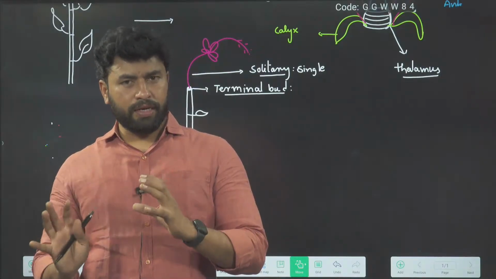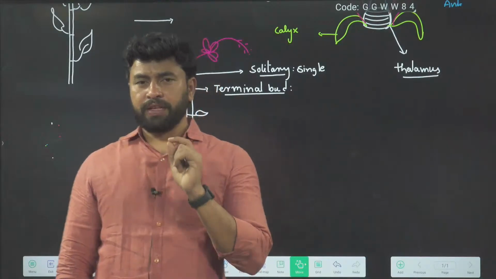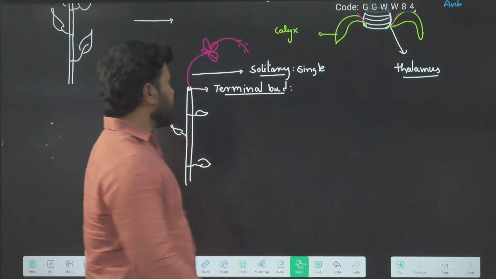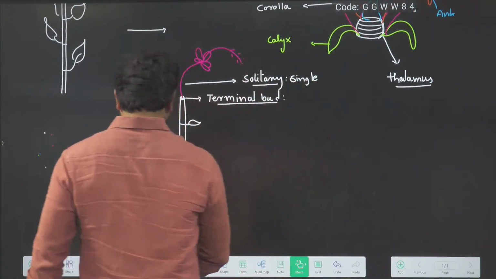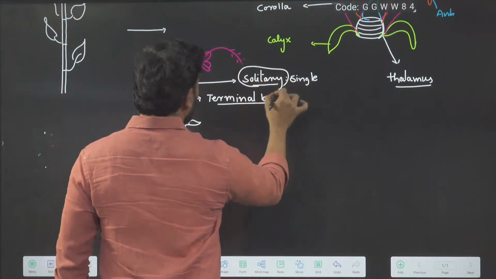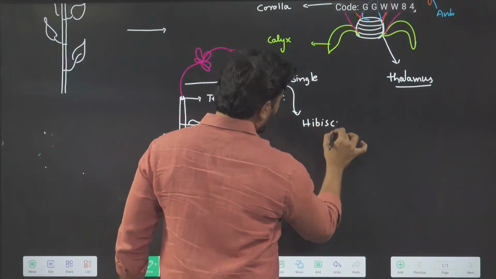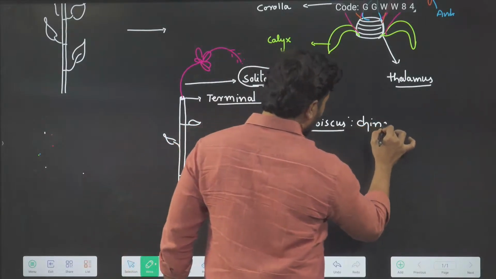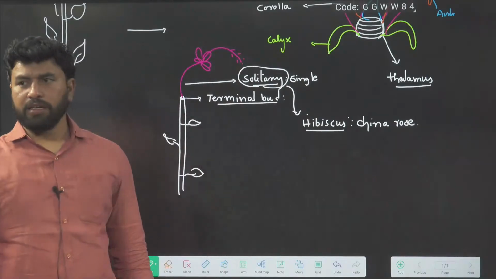But instead of doing that, the terminal bud is entirely modified into one flower. Such flowers are always solitary. Solitary means single. Best example of single flower inflorescence, Hibiscus rosa-sinensis, which is nothing but our well-known China rose.